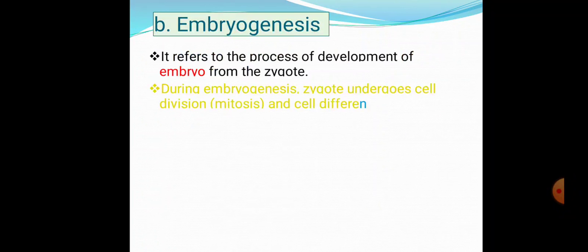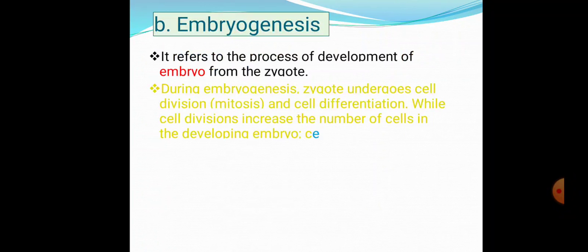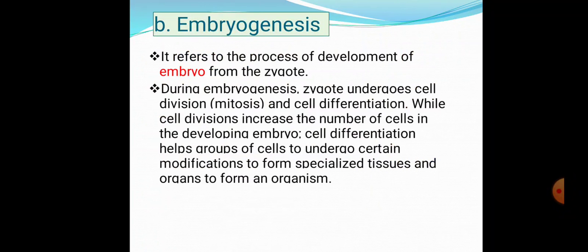During embryogenesis, the zygote undergoes cell division. Usually the zygote divides by mitosis in all organisms, except the organisms which show haplontic life cycle, where the zygote undergoes meiosis. In other organisms, the zygote undergoes a cell division called mitosis.